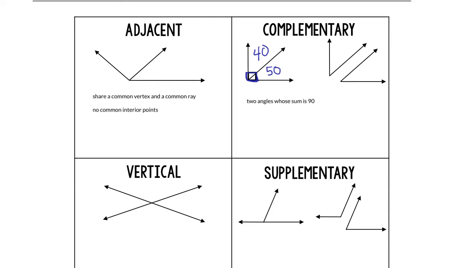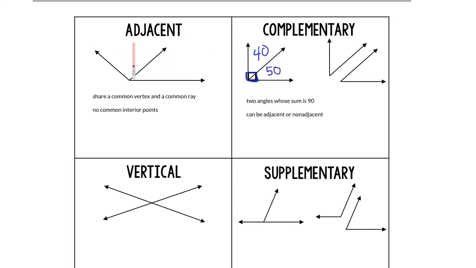The second thing about these that we need to know is they can be adjacent or non-adjacent. So what that means is the first angles that we looked at, 40 and 50, they have a common vertex and a common ray.